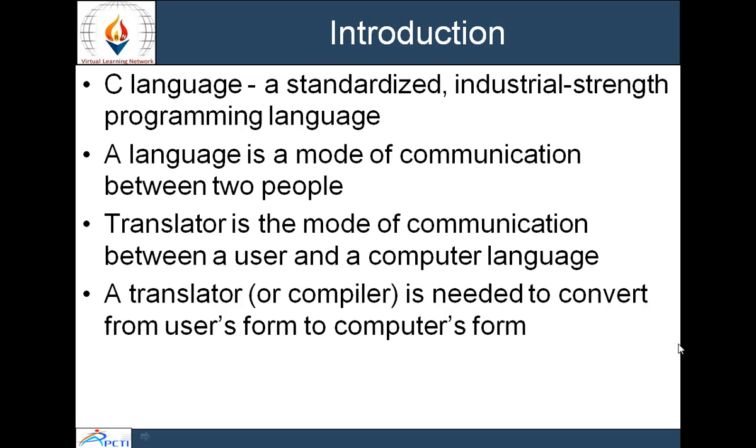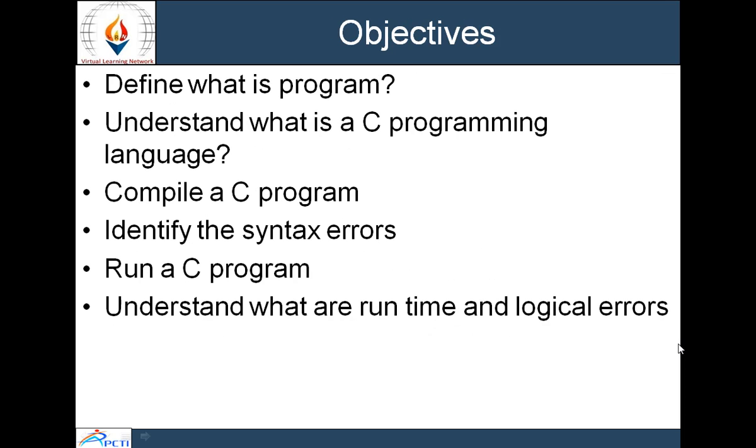Translation is a mode of communication between a user and computer language. Suppose two people don't understand the same language, a translator can help to convert one language to the other, understood by the second person. Similarly, a translator or compiler is needed to convert from user's form to computer's form.